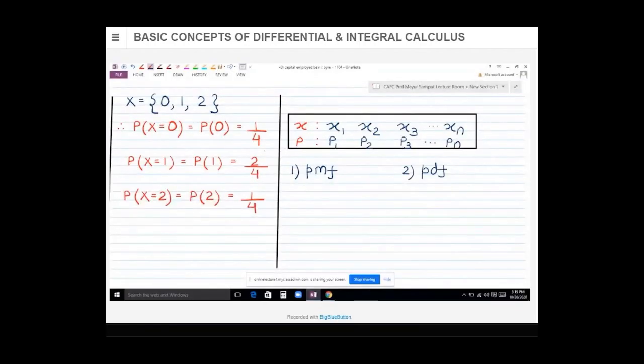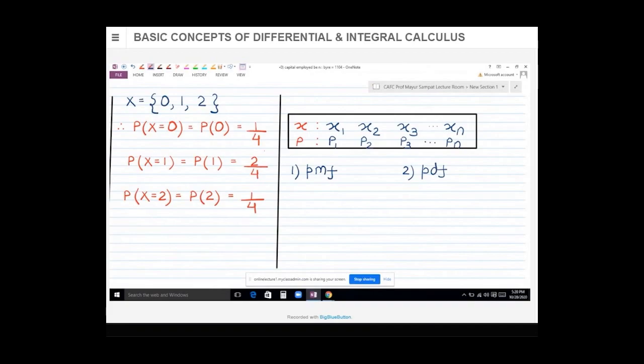When we talk about the probability mass function: when a discrete random variable is represented along with its probability, it is called a probability mass function.